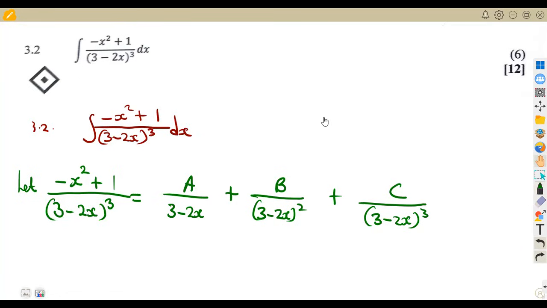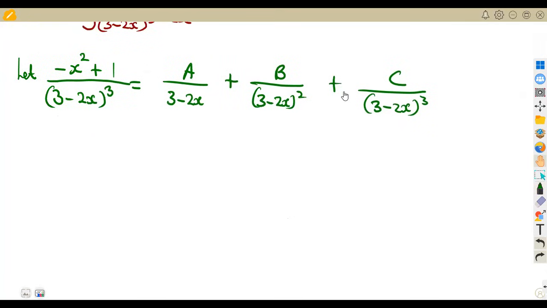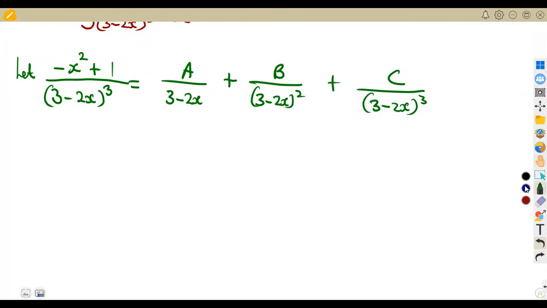Once you have this, you are back now so that you can calculate for A, B, and C. So equating the numerators, we've got minus x squared plus 1 equal to A into 3 minus 2x squared. Take note, we multiply by the LCD, which is the whole of this fraction. There are 3 of them, the 3 minus 2x.